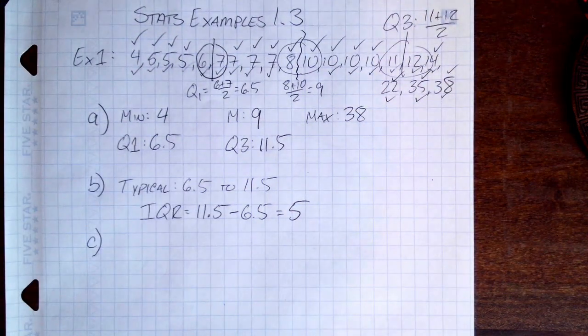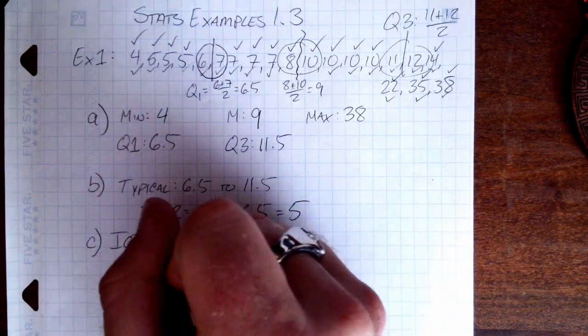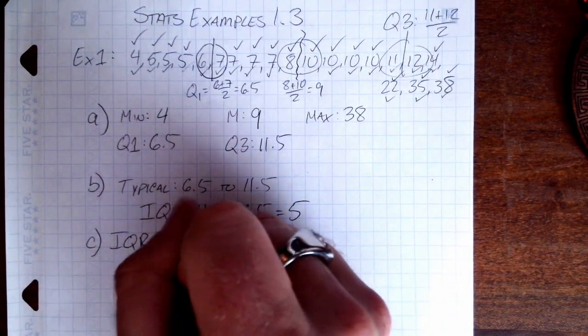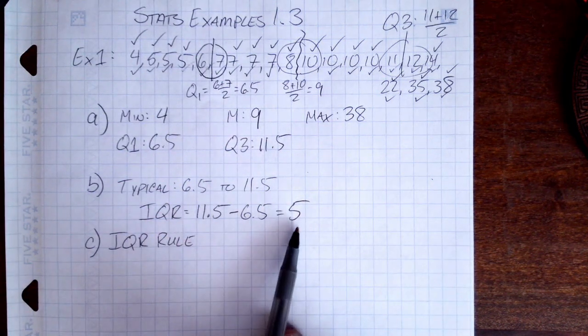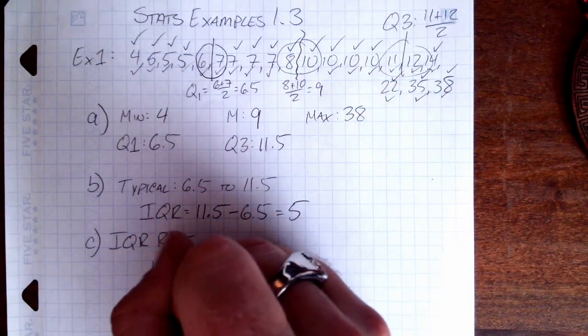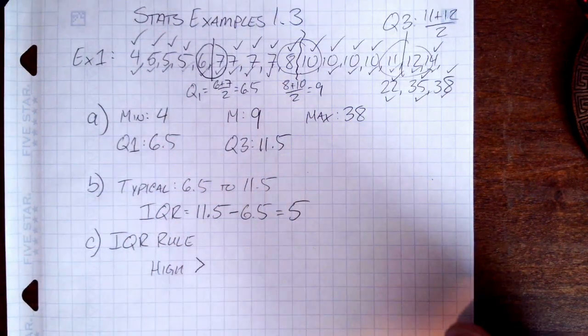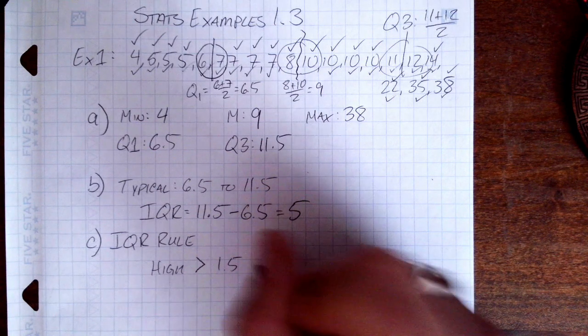Now, the IQR rule tells you what outliers are. The IQR is just the interquartile range, just this range of 5.